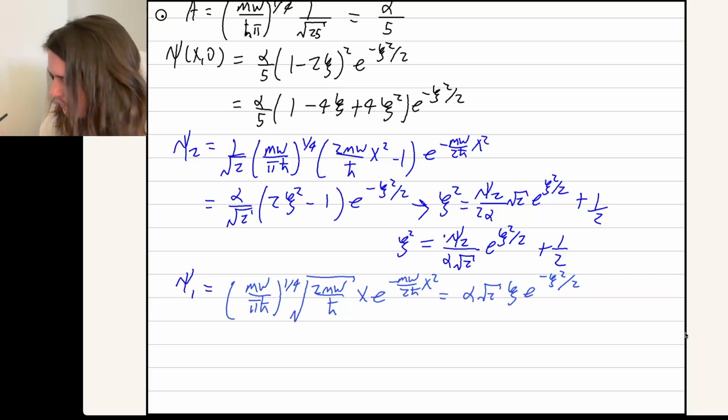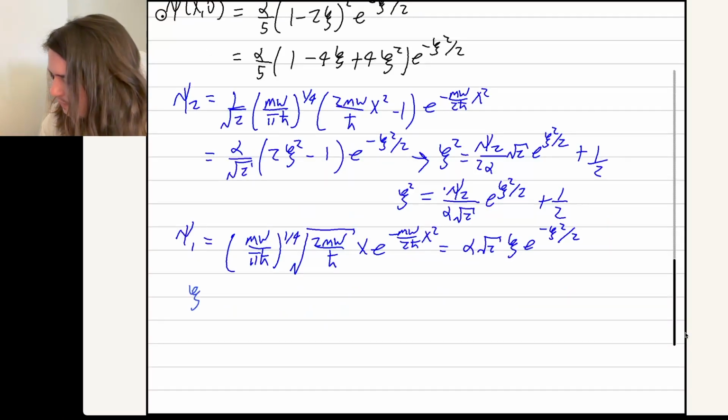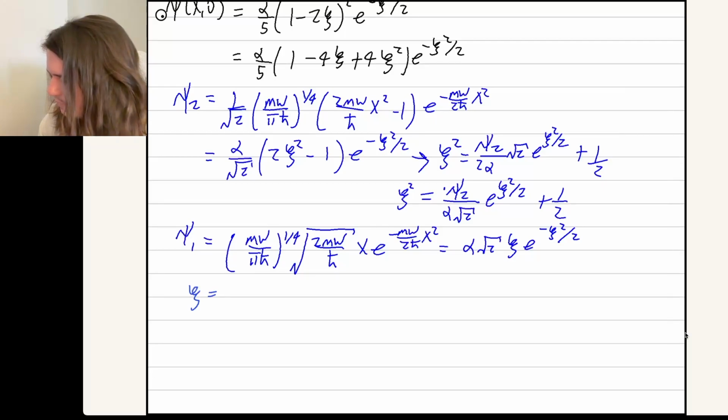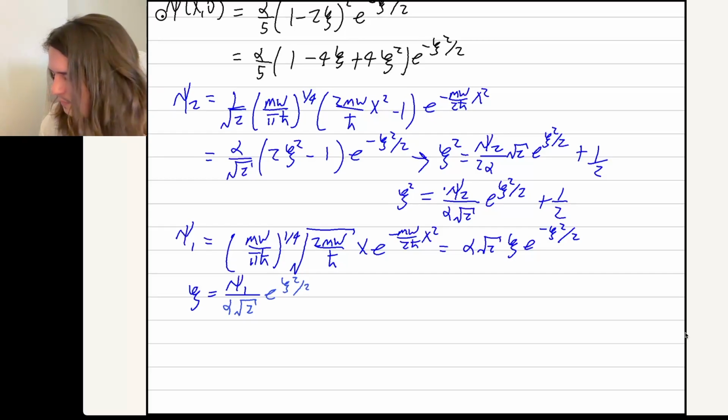And from that, we'll get a form of c as just psi 1 over alpha root 2 times e to the positive c squared over 2.